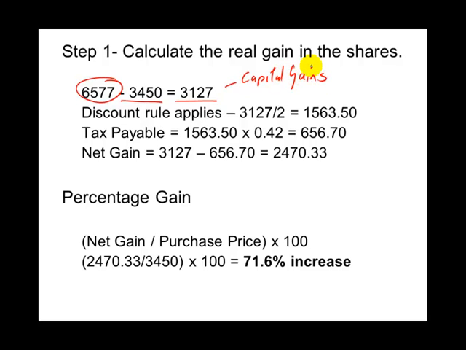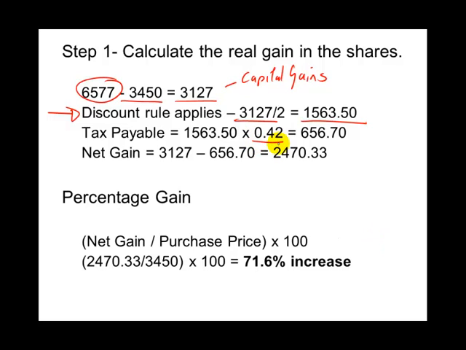Because now that you've made a capital gain, you've got to pay capital gains tax. So the first thing that applies is the discount rule, because she's held them for more than 12 months. So you get your 3,127 divided by 2, and her taxable gain, therefore, is 1,563.50 because of that discount rule.